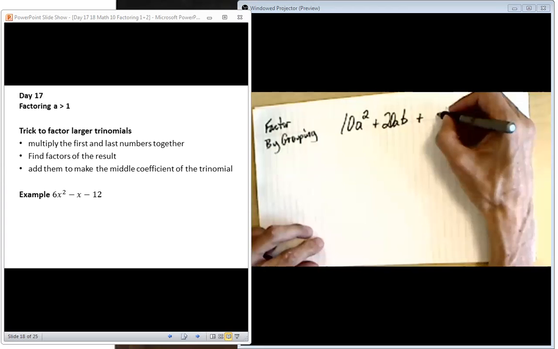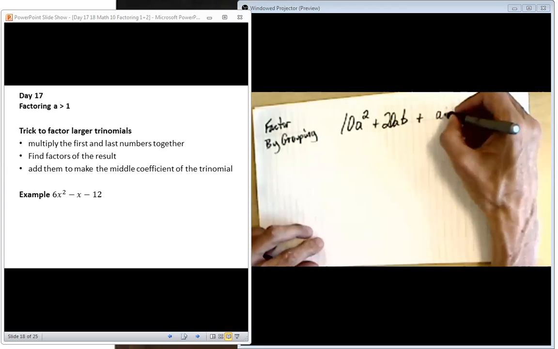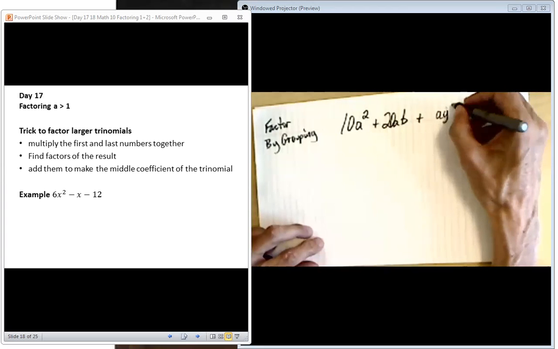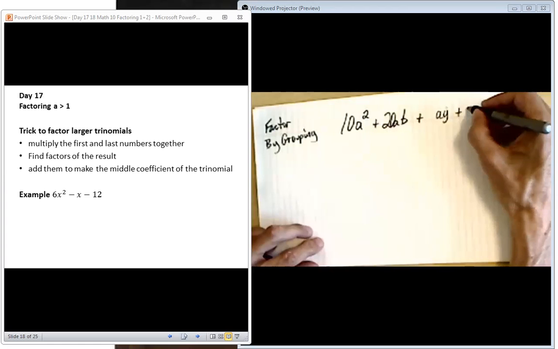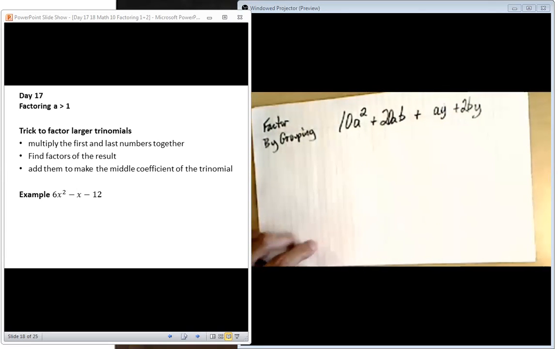It's going to be left. Yeah, a again, plus 2by.